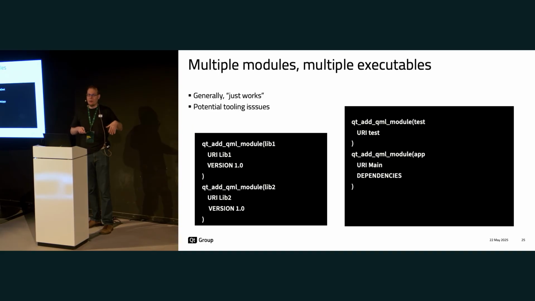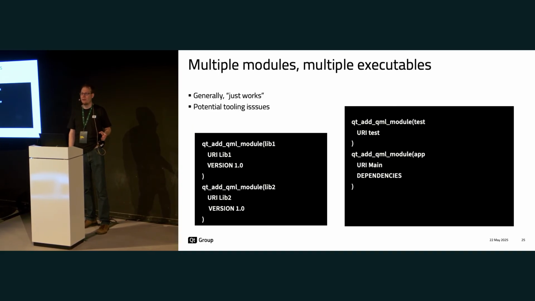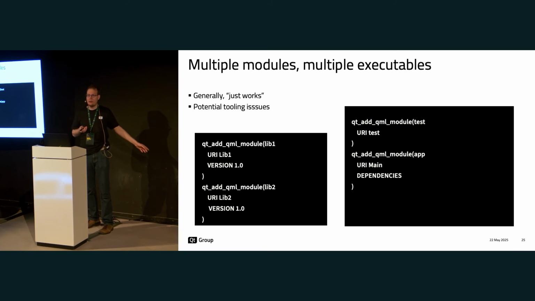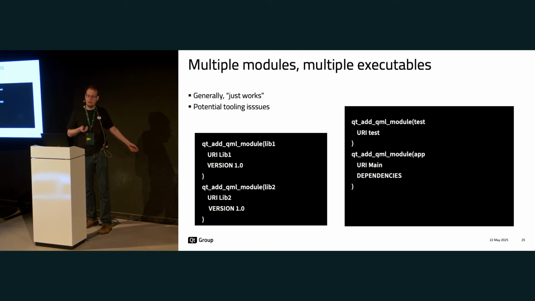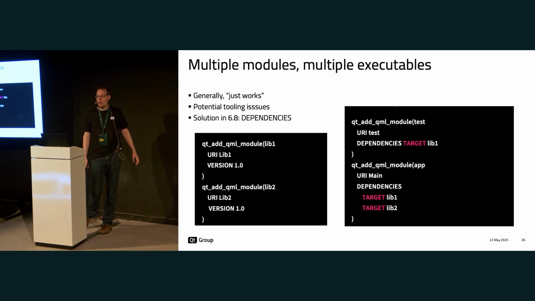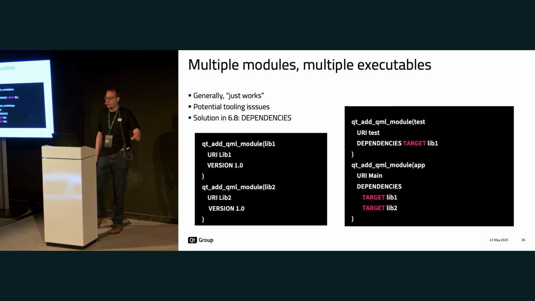If you want the great tooling that I just promoted, you are, however, a bit out of luck because everything is in separate places when you build it. And to fix issues you might see there, you can use something new in Qt 6.8, which is dependencies, but with a target.